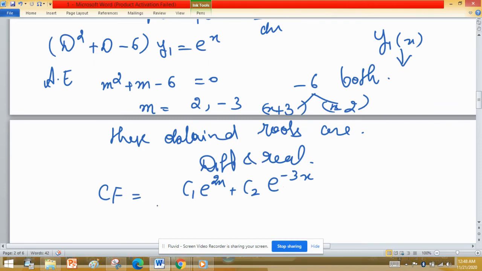Now second, we have to find the particular integral.